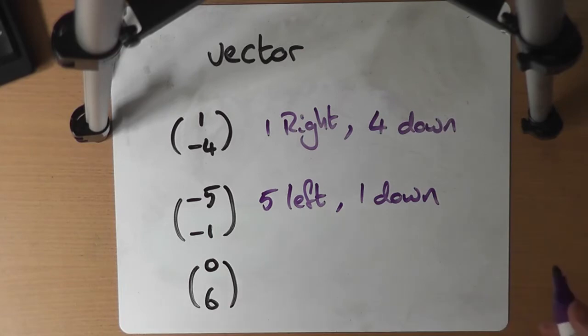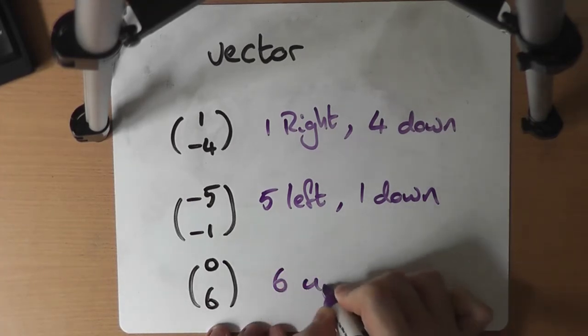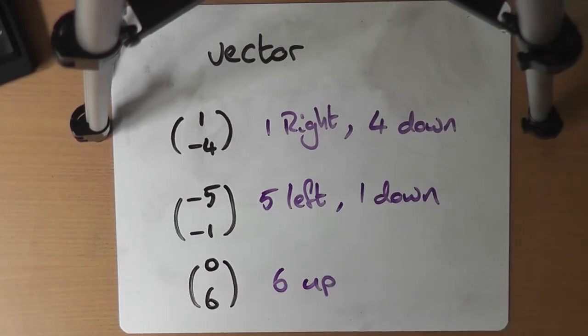Well, 0 on the top, so in the left-right direction we're not going anywhere. We don't necessarily have to write that down, because there isn't any movement. But in the up-down direction, we are moving by positive 6, so it would be 6 up, with no left-right movement because of that 0 there.